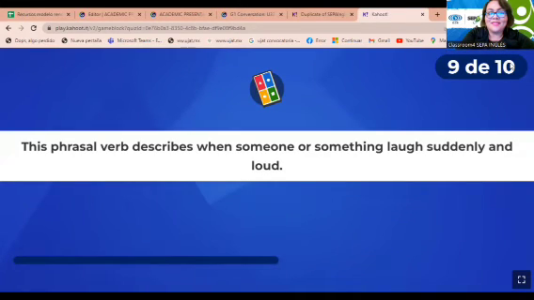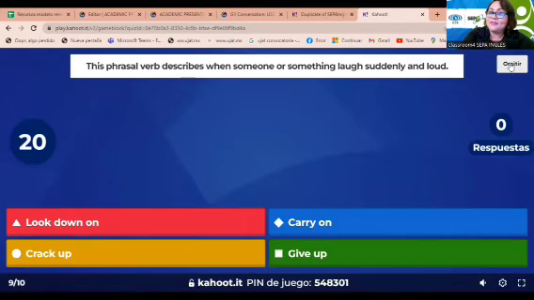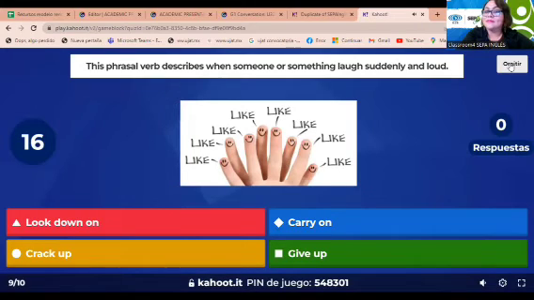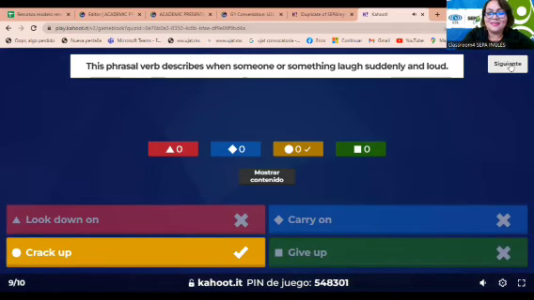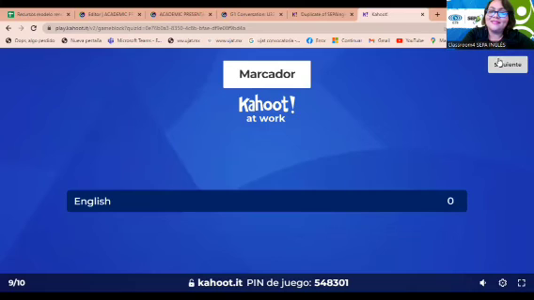This phrasal verb describes when someone or something laughs suddenly and loud. Look down, wrap up, carry on, give up. Which one? Yes, crack up.